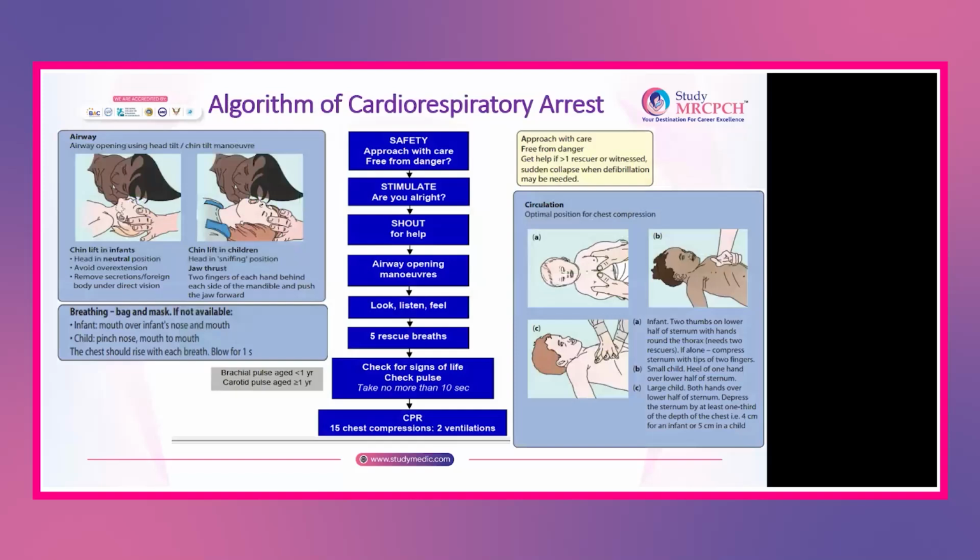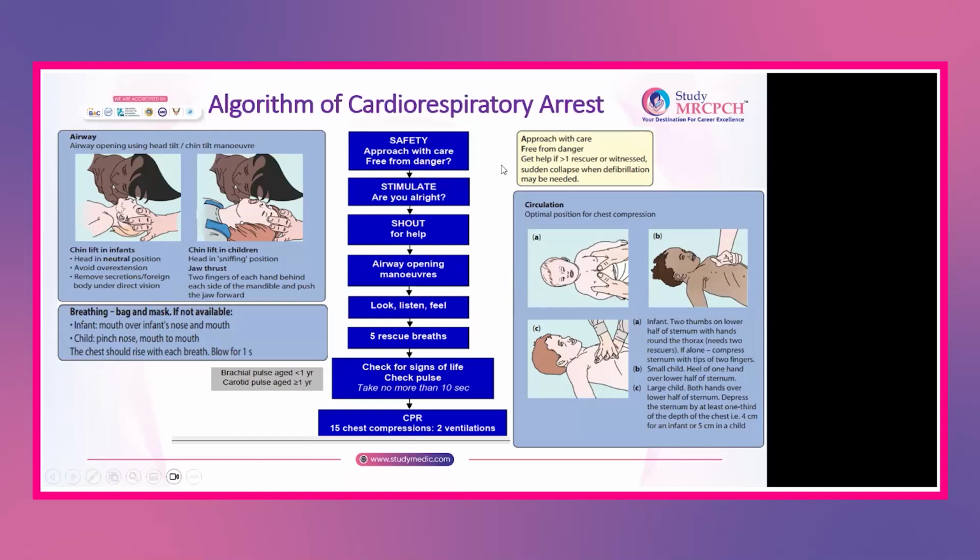So let's go to our first topic to complete the first assessment, which is the cardiopulmonary arrest algorithm. Usually, when we find a child collapsing in front of us, we first check the environment, call for help if there is more than one rescuer, and prepare the defibrillator if needed later.